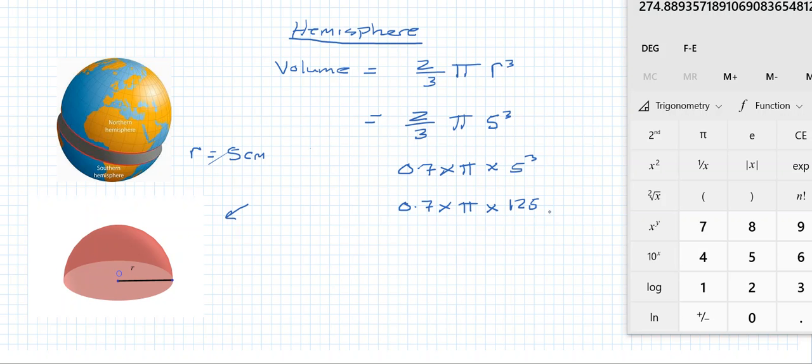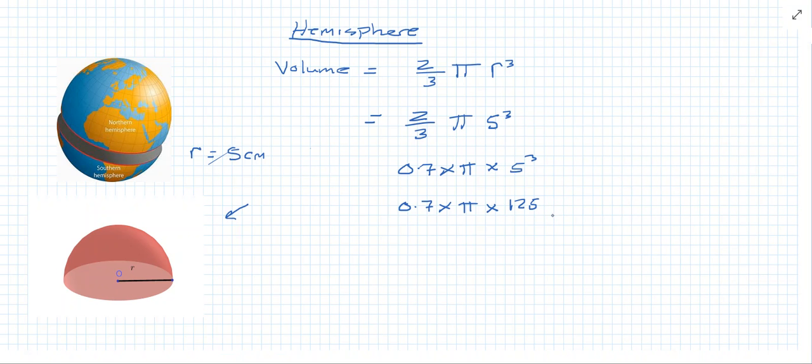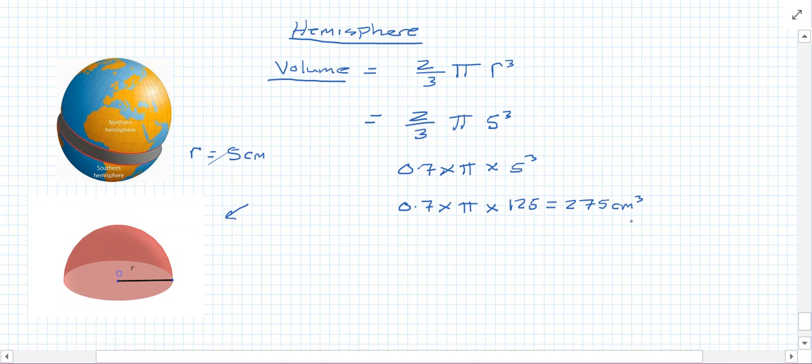So that's equal to 275 centimeters cubed. Remember, volume, we're looking at 3 dimensions, so the unit is always going to be cubic. So if we take a hemisphere with a radius of 5 centimeters, its volume is equal to 275 centimeters cubed.